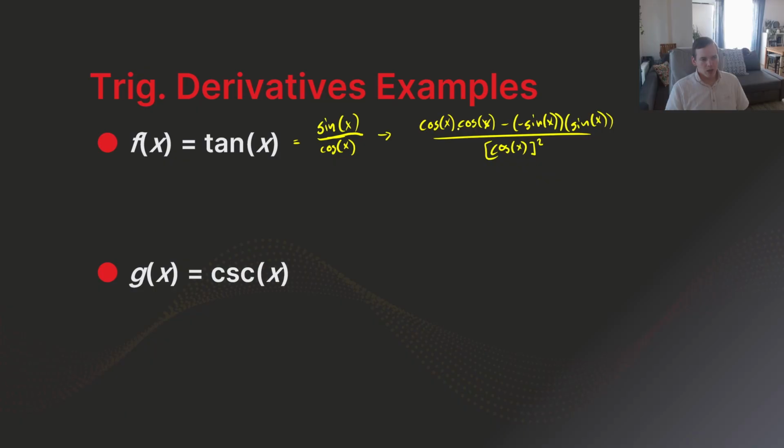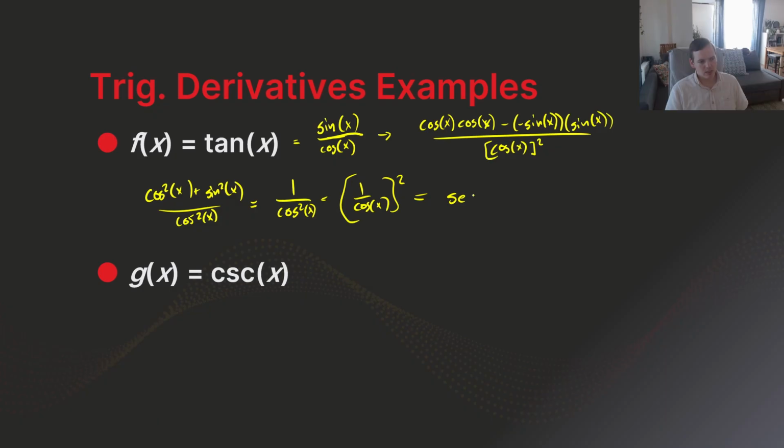squared. Cosine times cosine on top gives me cosine squared x plus sine squared x in the numerator, all over cosine squared x in the denominator. Sine squared plus cosine squared, or vice versa, is equal to 1. That's a trigonometric identity you should be comfortable with. So I get 1 over cosine squared x, which is also the same as 1 over cosine of x squared. 1 over cosine is secant.